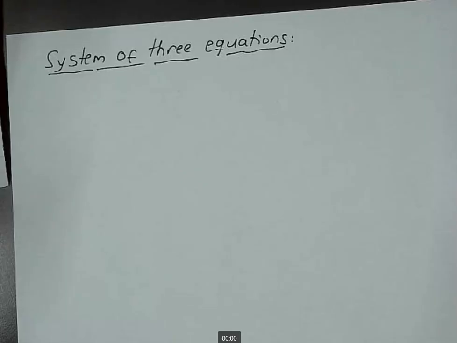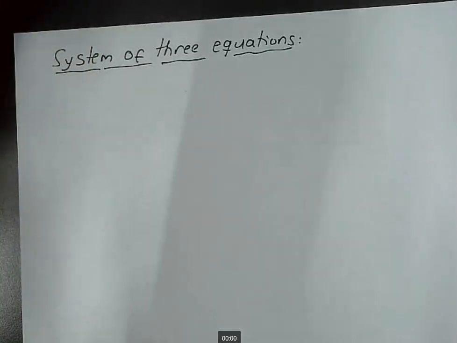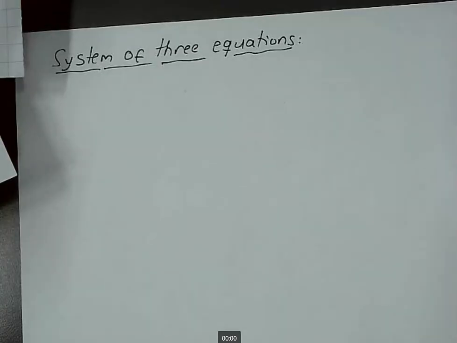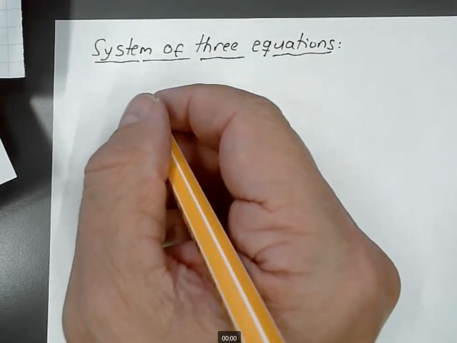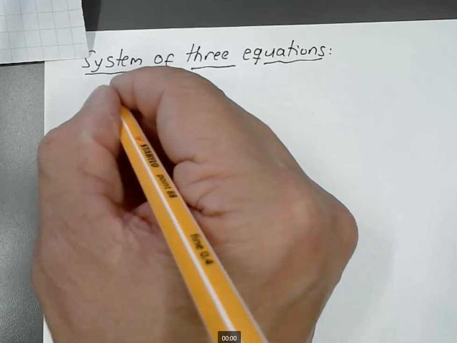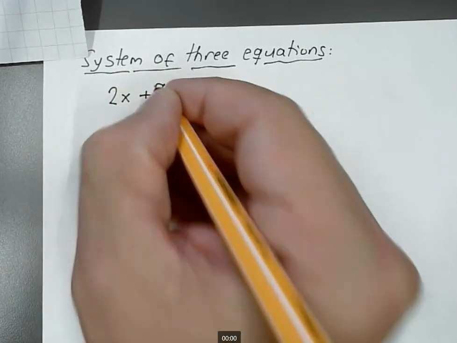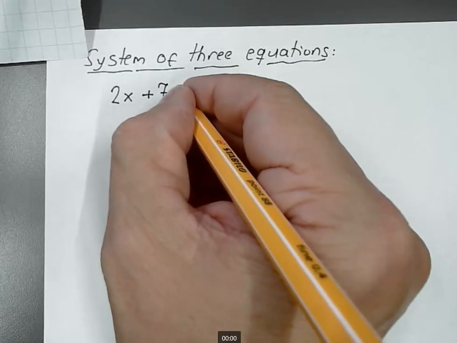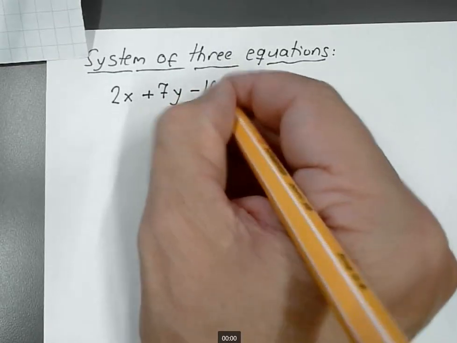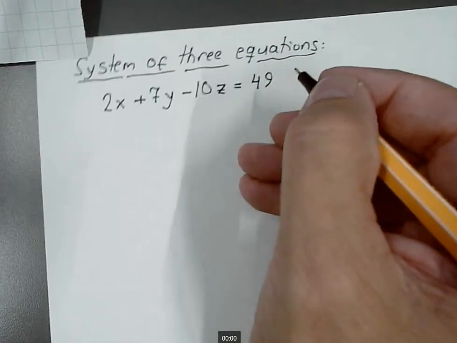It takes a little bit of time. I try to make equations in which we have a very simple solution, or the values of the solution are whole numbers. So I will take the first equation so that we have 2x plus 7y minus 10 zeta equals 49.